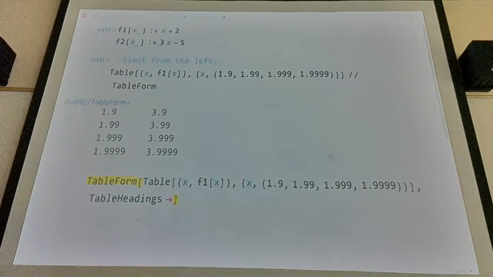First set of braces is going to give you headings for each row. I don't really need them for rows, so I leave it blank. Now headings for columns.